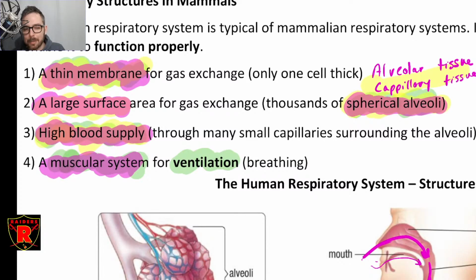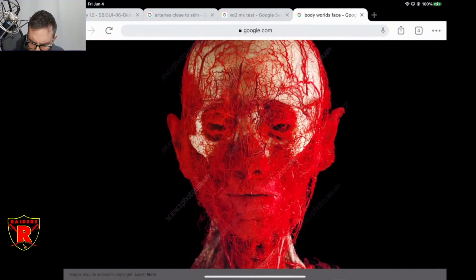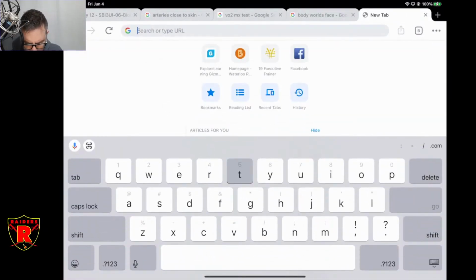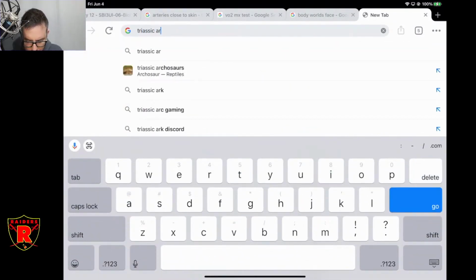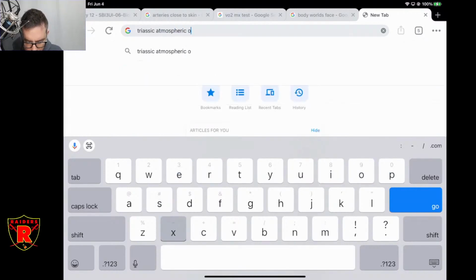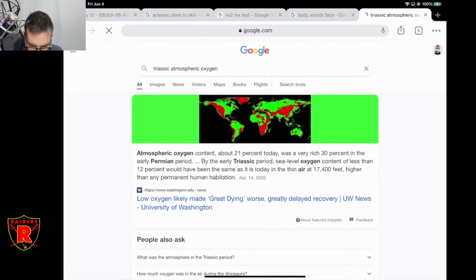Right now, the atmosphere is about 20% oxygen, but I think in the Triassic, it's like 30 or 40% oxygen. Hold on, let me look that up. Actually, I'm not sure what the actual amount is. 30% in the Permian.